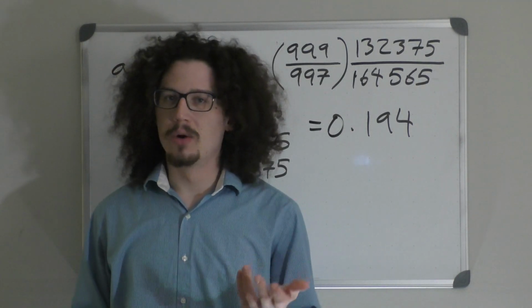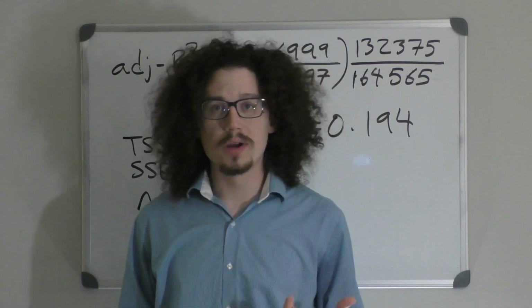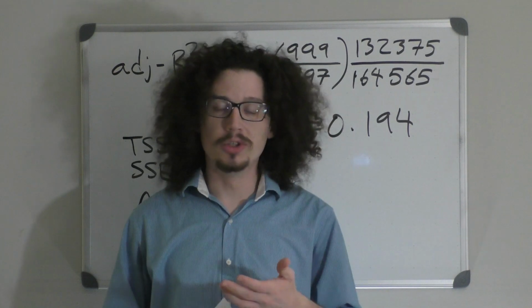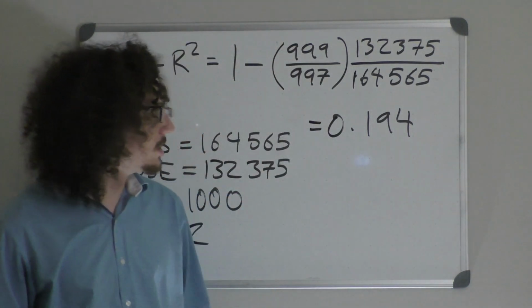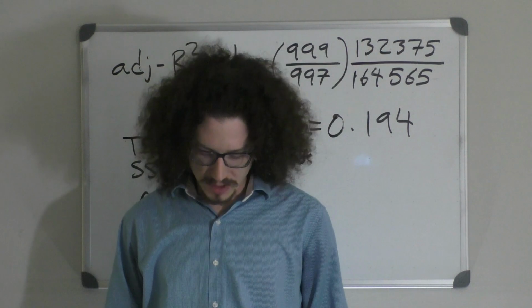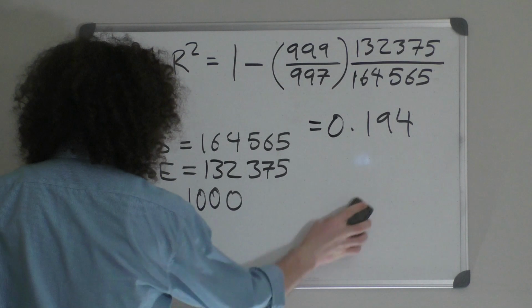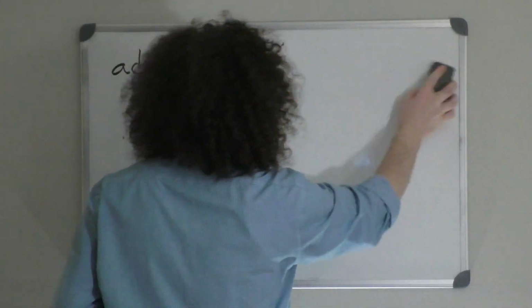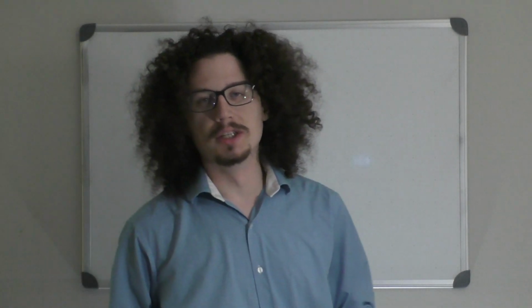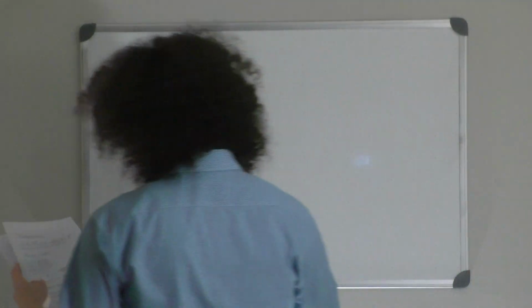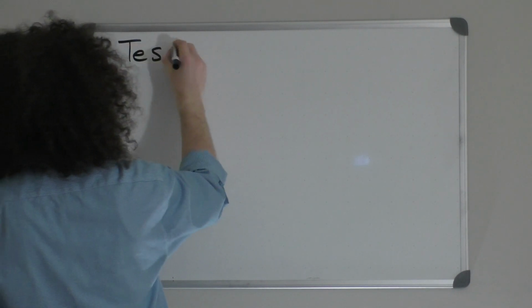But for my money, unless there's just a real big reason not to, I always prefer to report the R squared just because it's easier to interpret. You actually, well, you just can interpret it. Whereas with the adjusted R squared, that's not something we can do. Suppose I should really say that's not something we should do, not that it's something we can't do, because again, people do it.